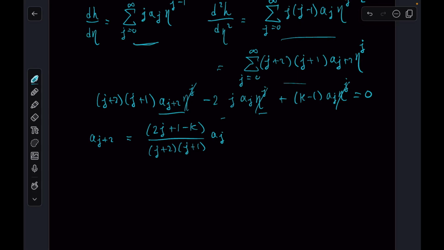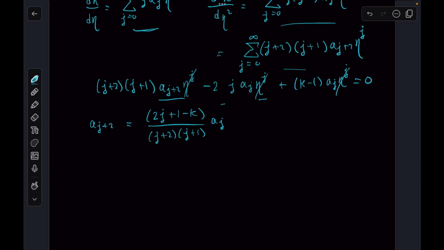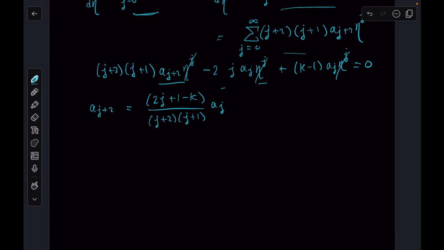Okay, so that's pretty good. We've done what we set out to do. The only problem is this recursion relation jumps by 2 every time. So we can only choose to get either the odd coefficients or the even coefficients. But we can just do both. If we have a sub 0, we can get a sub 2, a sub 4, and so on.